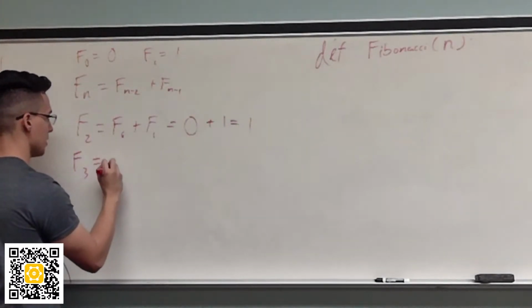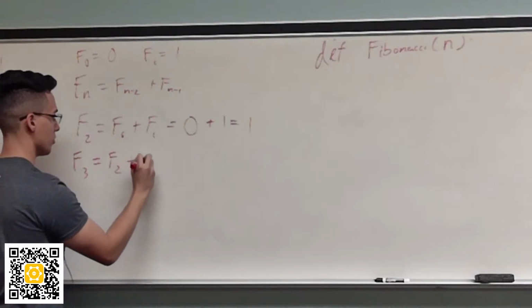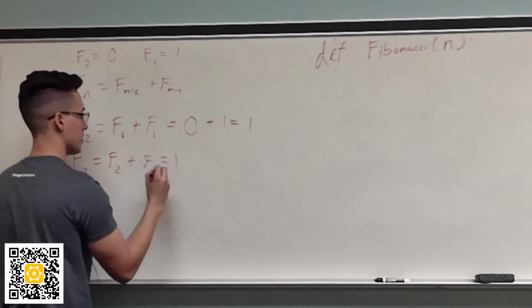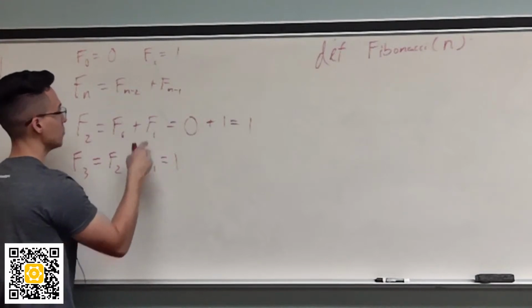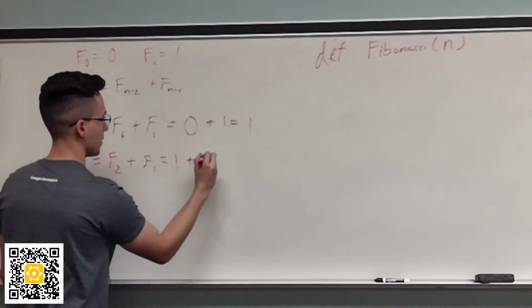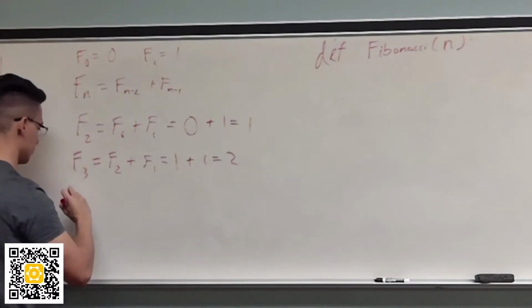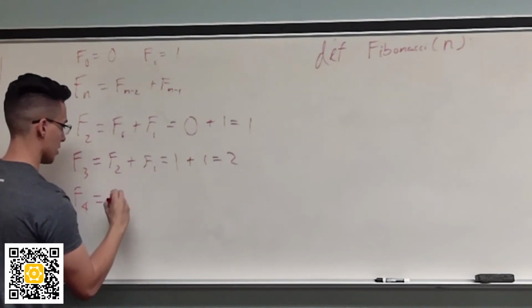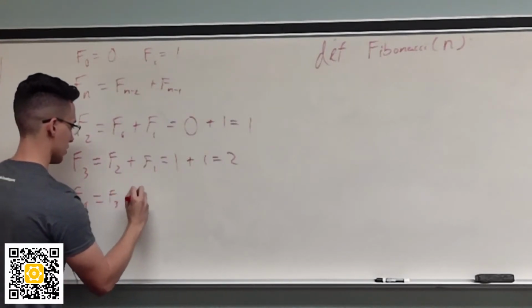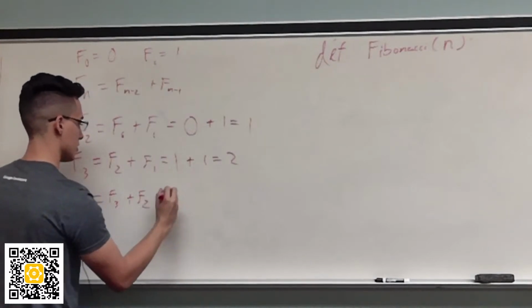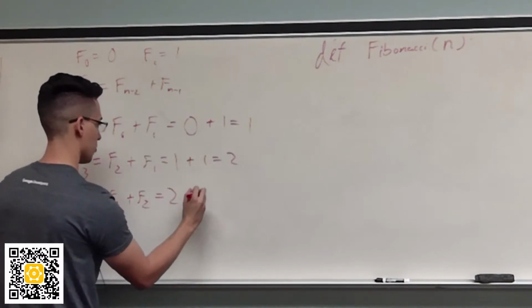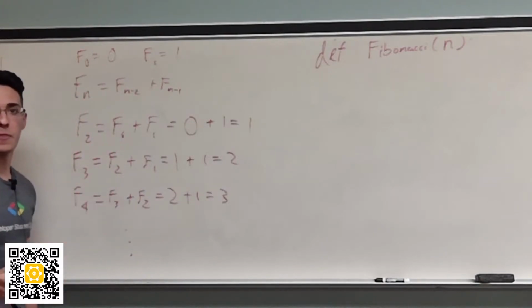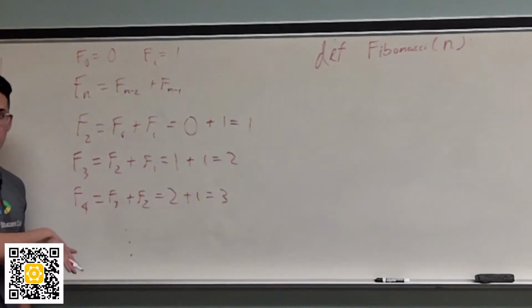F of 3 is f of 2 plus f of 1, which is 1 plus 1, that's 2. F of 4 is f of 3 plus f of 2, 2 plus 1, that's 3, and so on. Any questions on this?